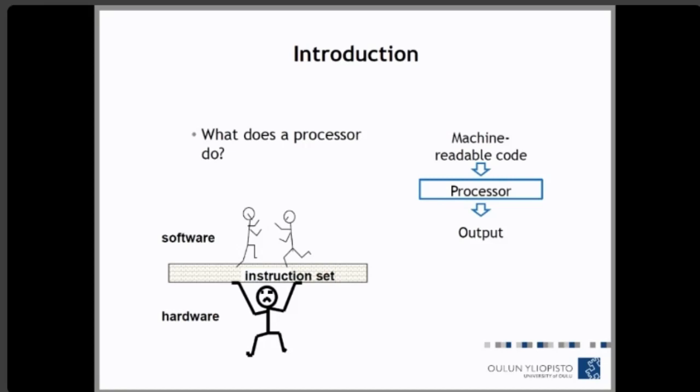Then again, the specific compiler converts your code to that instruction set. So from the language, the software, we get the machine code, and the machine code is given to the processor, and the processor does the operations one by one for us, and then results in output.